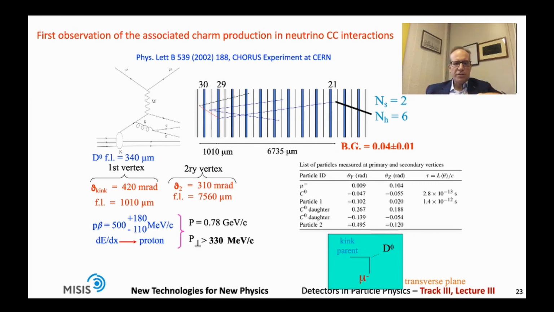These charmed hadrons are short-lived particles. They decay: the neutral one decays after 340 micron, and the charged one after 1 millimeter.